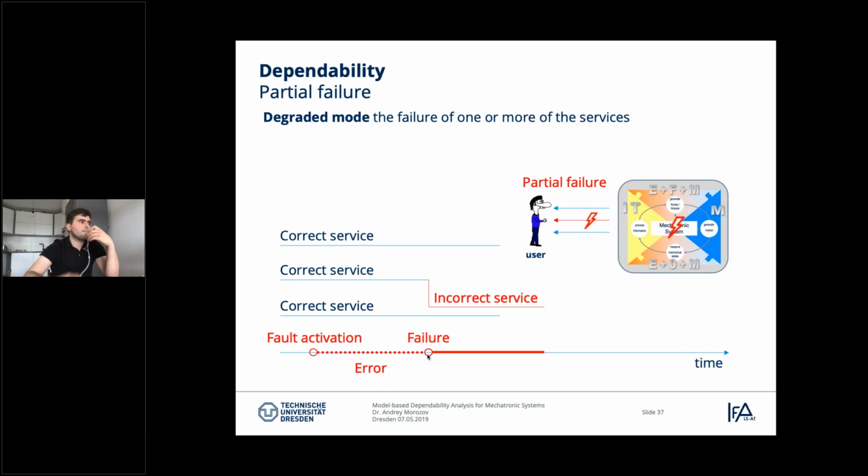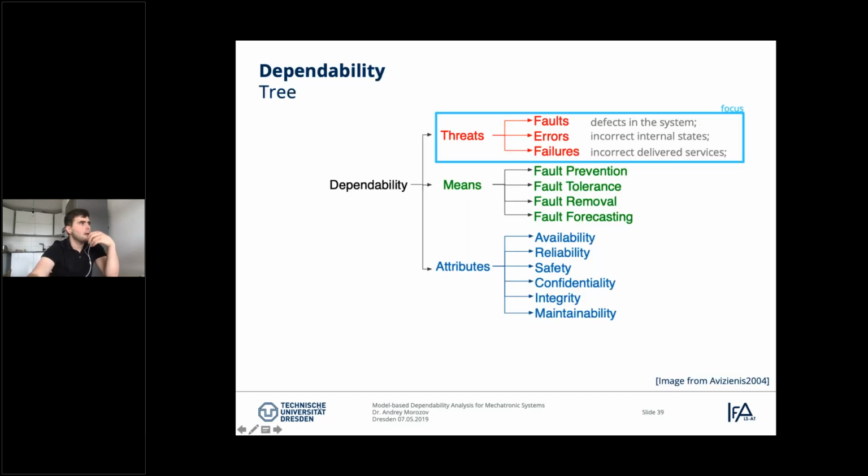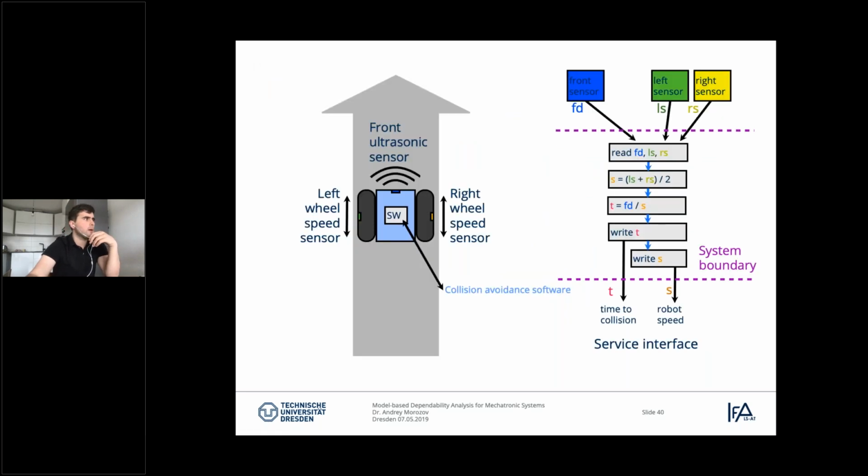And only if the system partially provides incorrect service, we say that the system is in degraded mode. Some of the services are provided, some are not. This is defined as a degraded mode. And now again about these faults, errors, and failures. I want to explain these terms using this example.